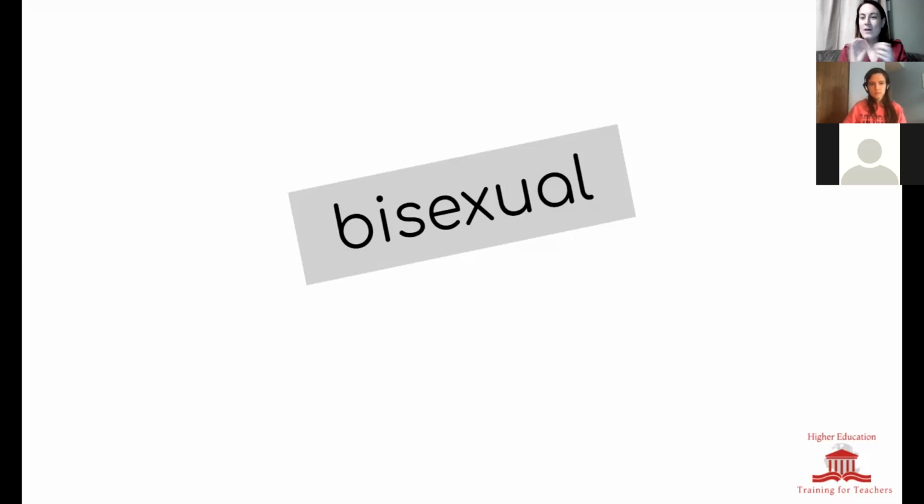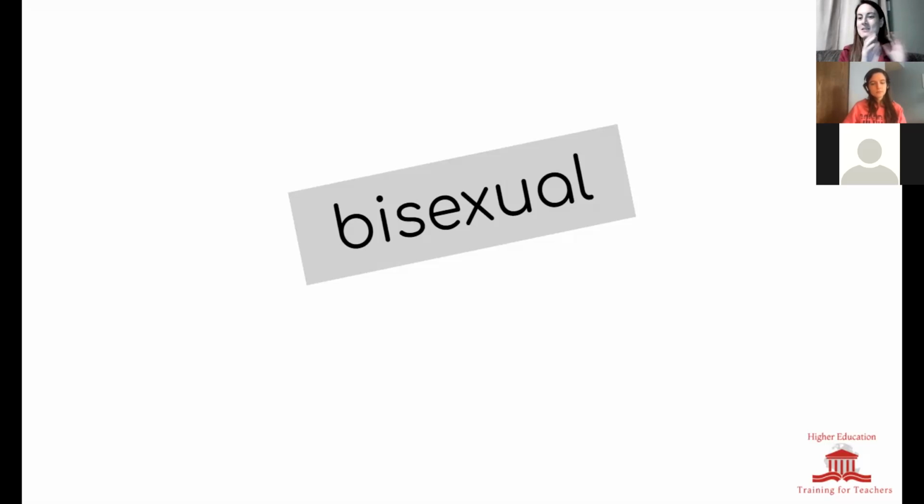You can also get quite complex where someone might have romantic feelings for both, but only sexual feelings for one. Or maybe they have sexual feelings for both, but only romantic feelings for one. So it's a bit complex because you have the mix of sexual and romantic, and they're slightly different things.